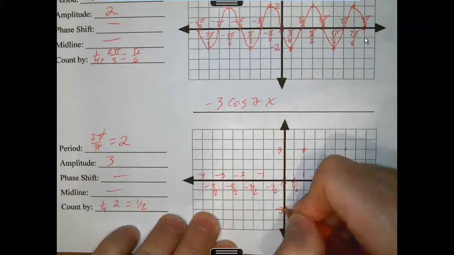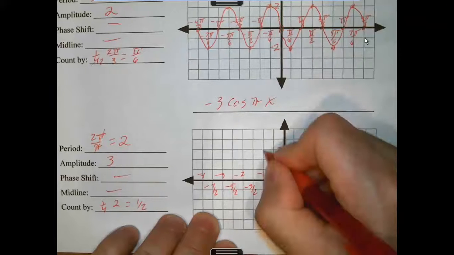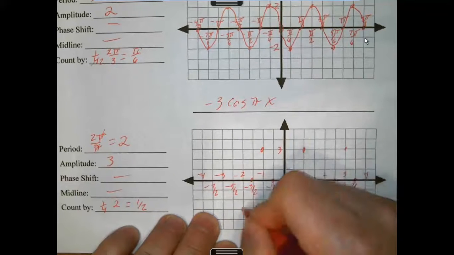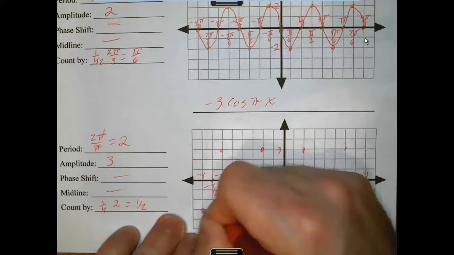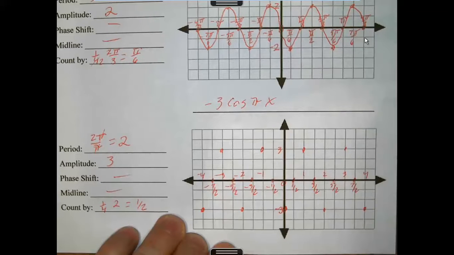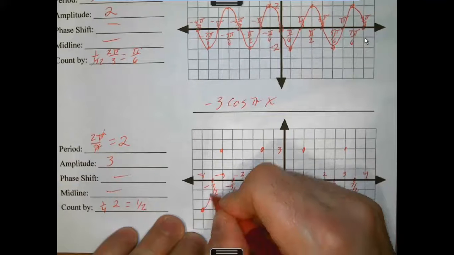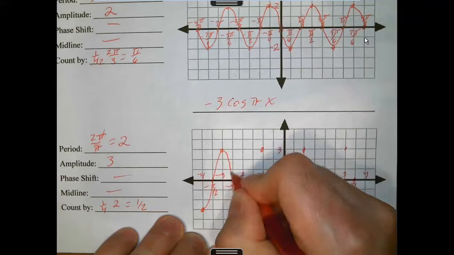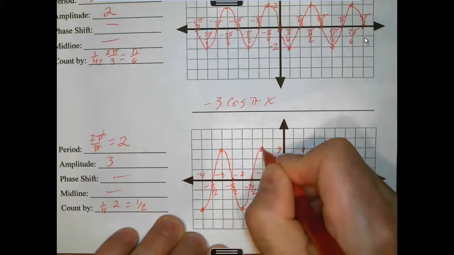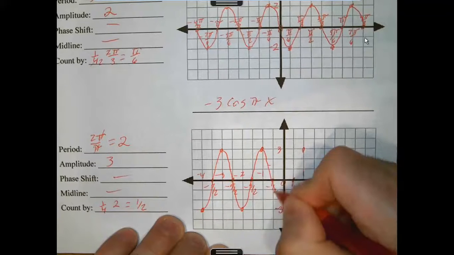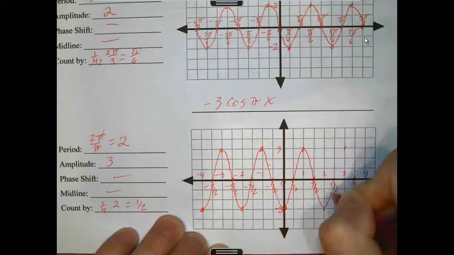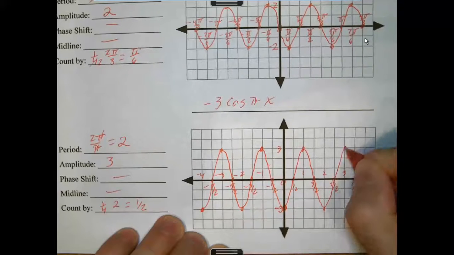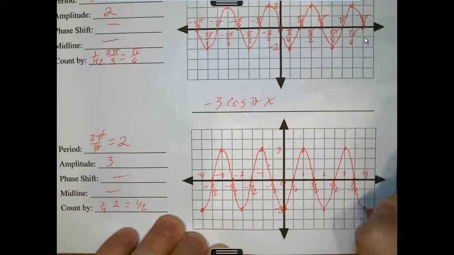There's negative amplitude, x-axis, positive amplitude, x-axis, negative amplitude, x-axis, positive amplitude, x-axis, negative amplitude. So there's my dots. I connect everything with a wave. Make sure you go through the dots. Make your wave. And there's my cosine.